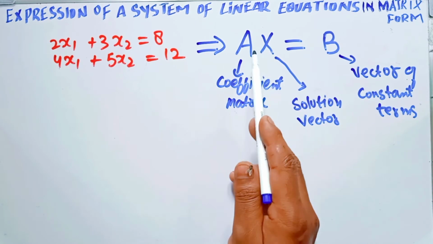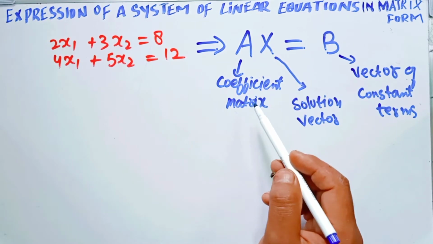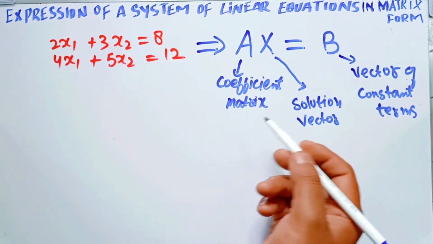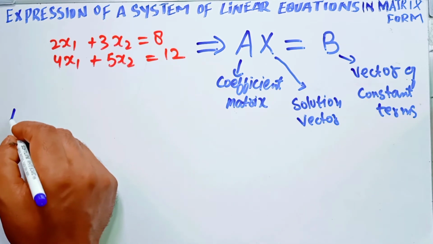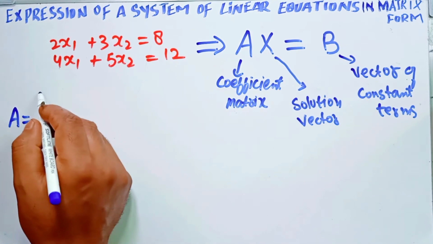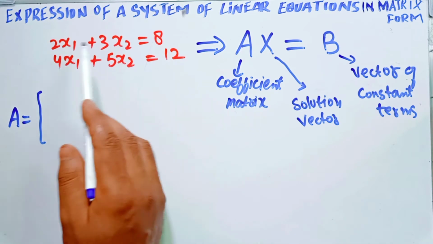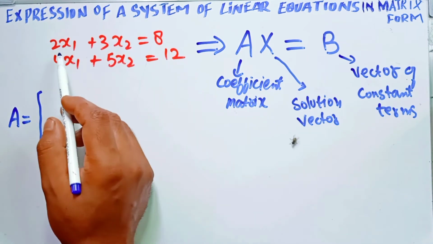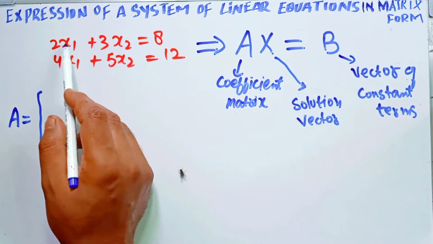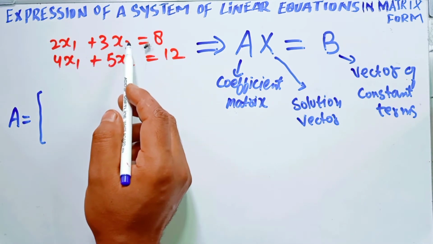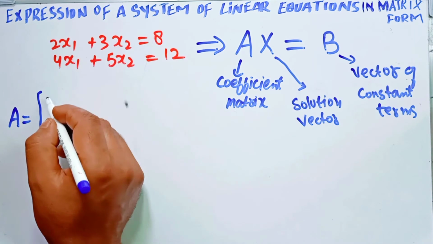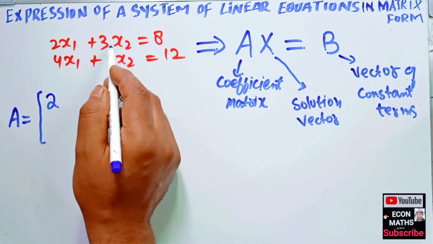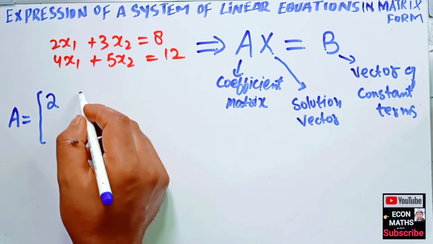Now this A is the coefficient matrix, a matrix where we take the coefficients of the variables. In the first row we take the coefficients of x1 and x2: the coefficient of x1 is 2, and the coefficient of x2 is 3.